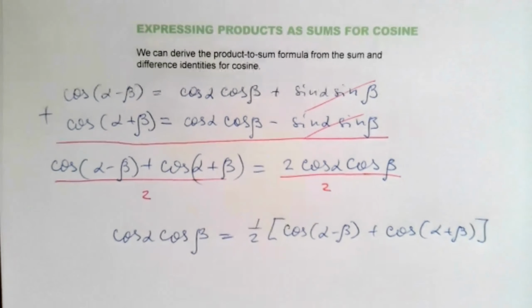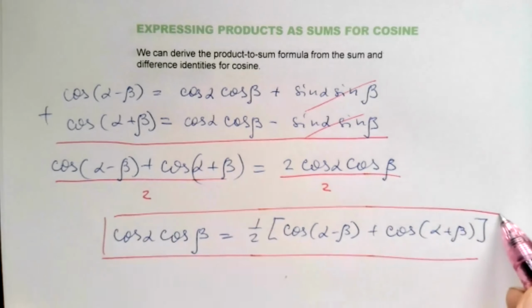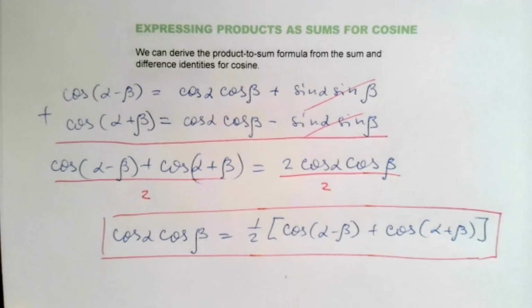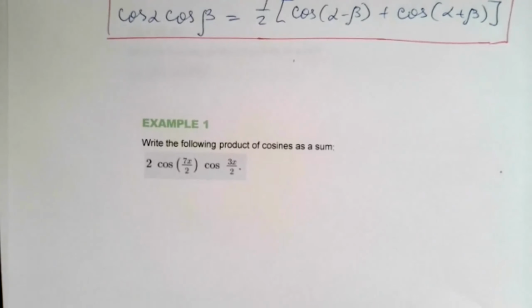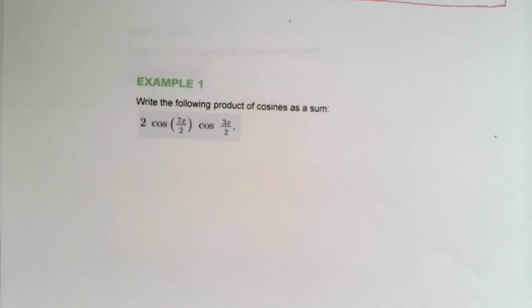All right, so this is how these formulas are derived. And this is our first formula in this collection of formulas that we're going to be using. Okay, and right away, let's apply it.